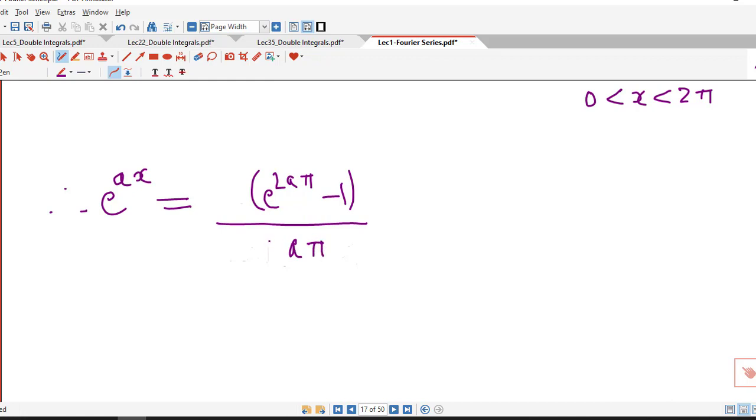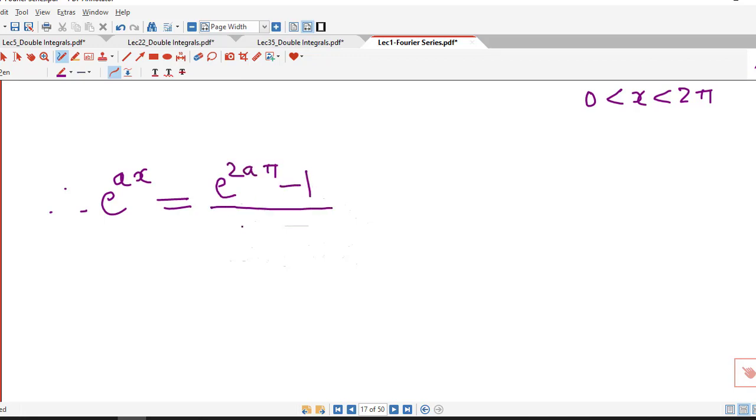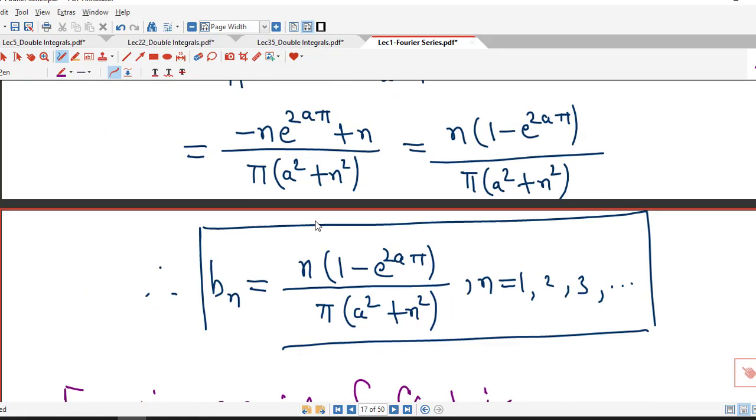And here we have a0 divided by 2, so there will be 2 here. This is a0 divided by 2, e raised to 2a pi minus 1 divided by 2a pi, plus sigma an cos nx.